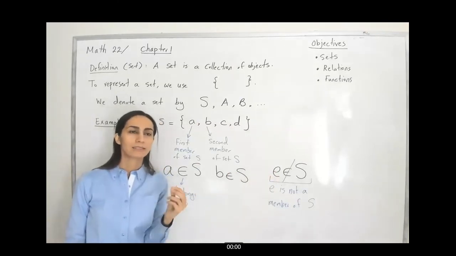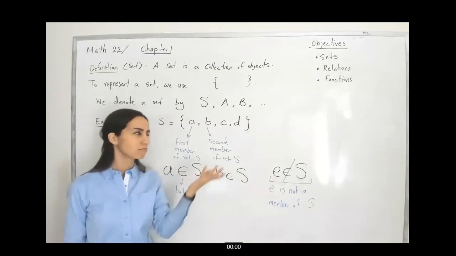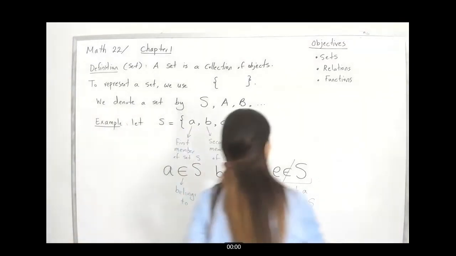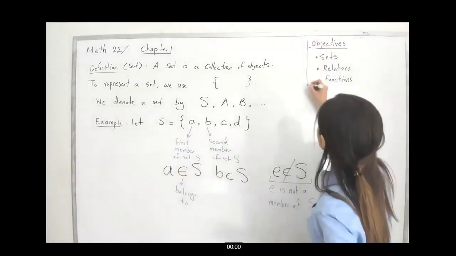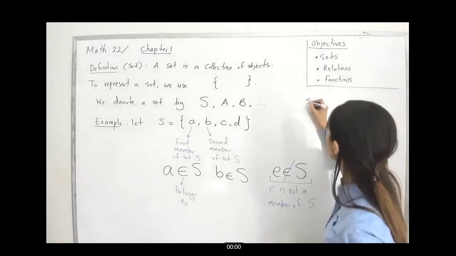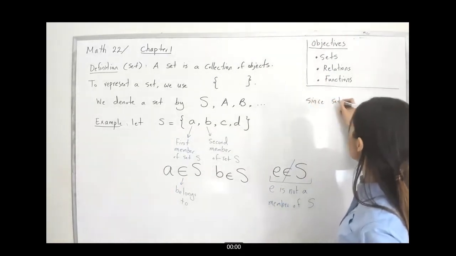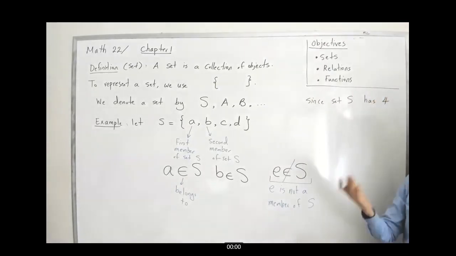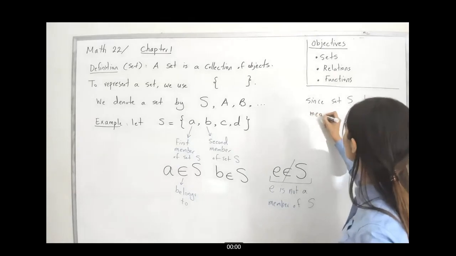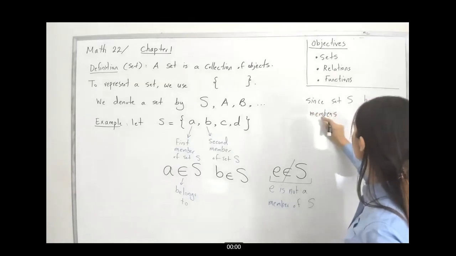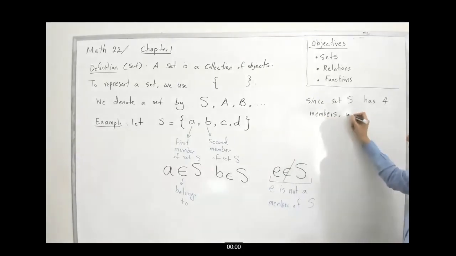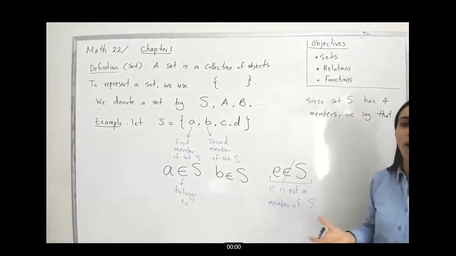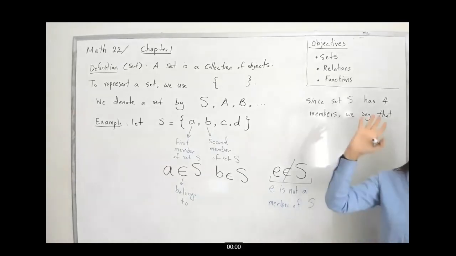I expect you to ask, well, we have 4 members in this set. Do we have a name for that? Since set S has 4 elements or 4 members, we say that the size or cardinality of this set is equal to 4.